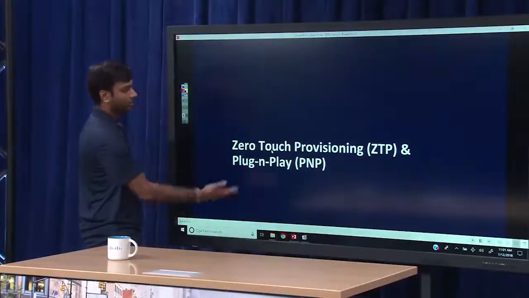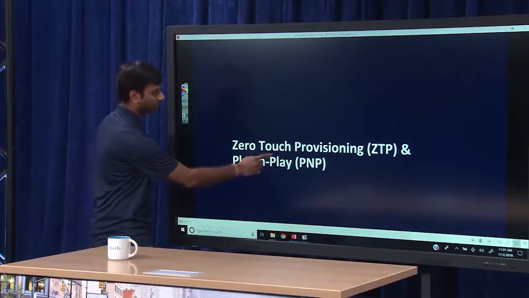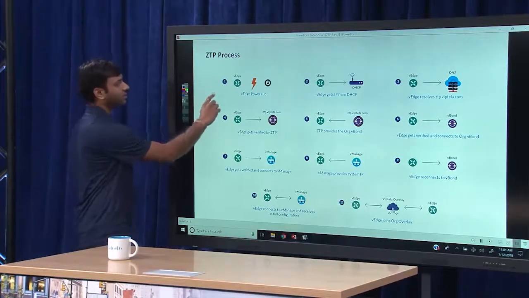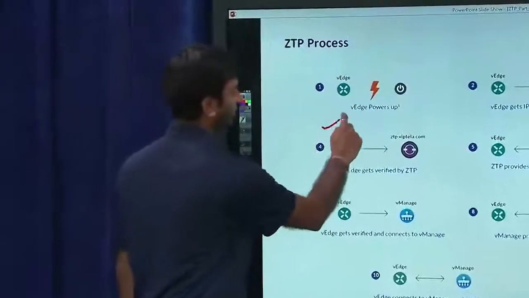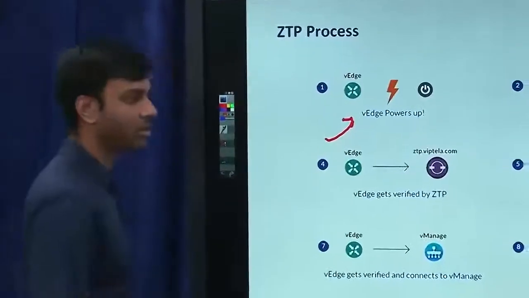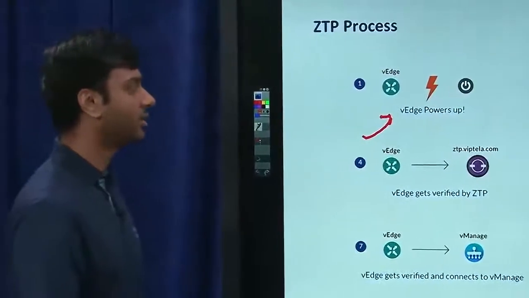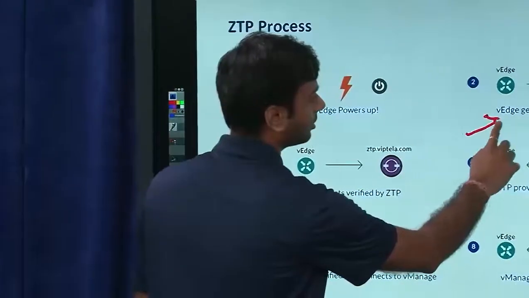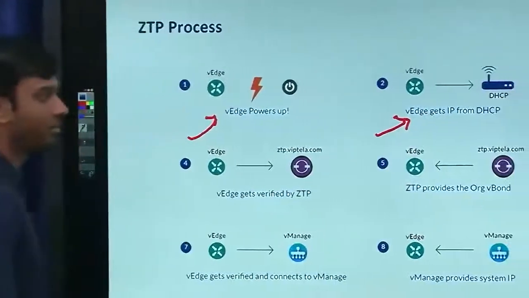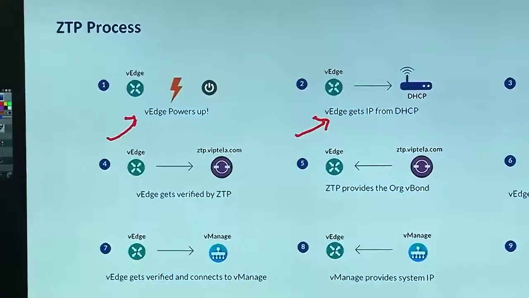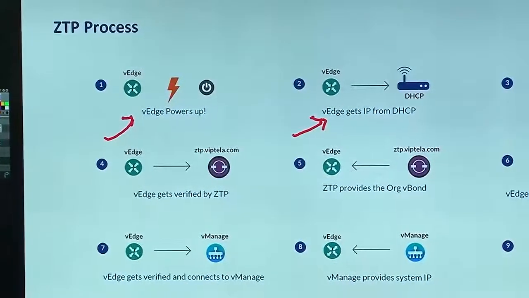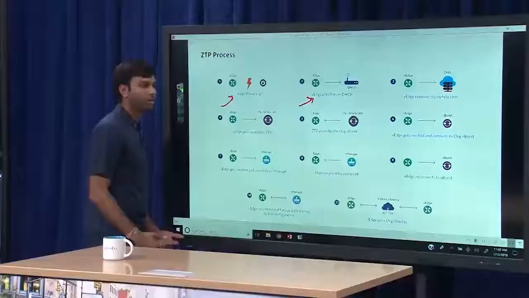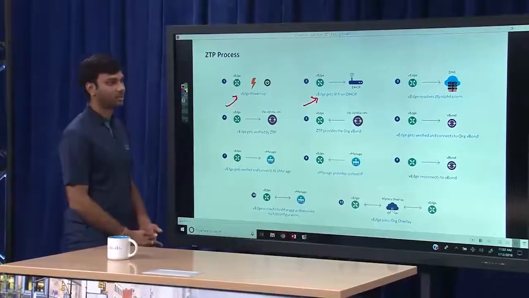Let's see the scenes behind the ZTP. As the first process, when the box gets shipped to the customer, they basically have to just power on the device and connect one of the interfaces to the DHCP server. You might be wondering what interface the customer would connect so that it will connect to the public circuit, right?